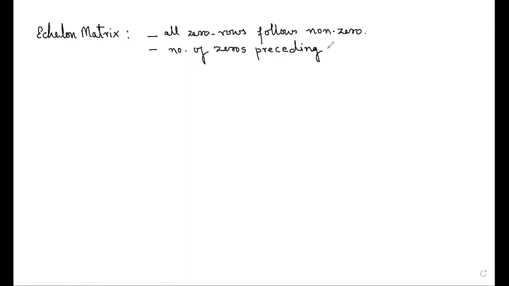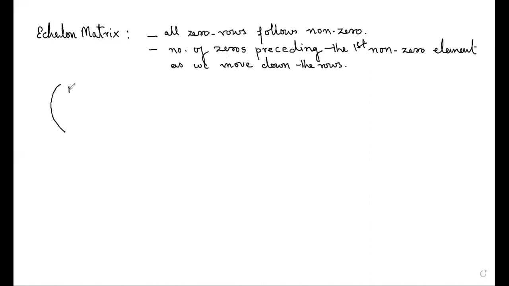Preceding, this is the important word, preceding the first non-zero element, as we move down the rows. All right. So let us take a particular example.